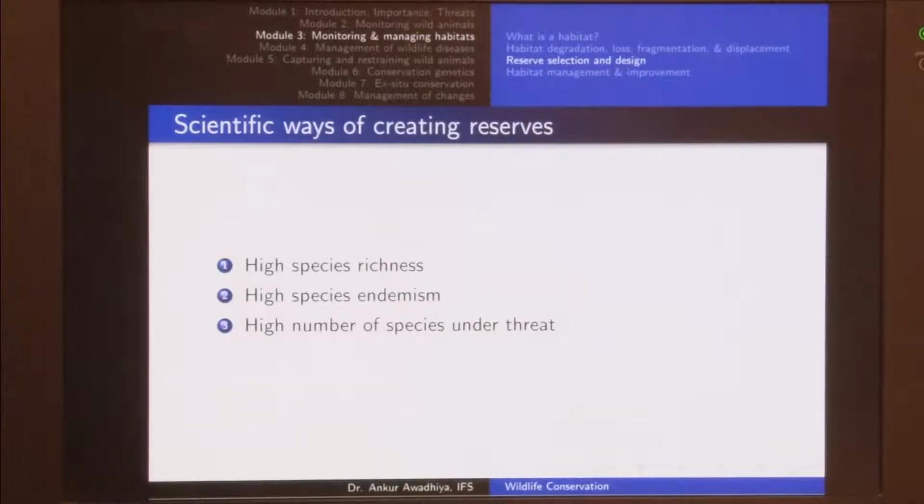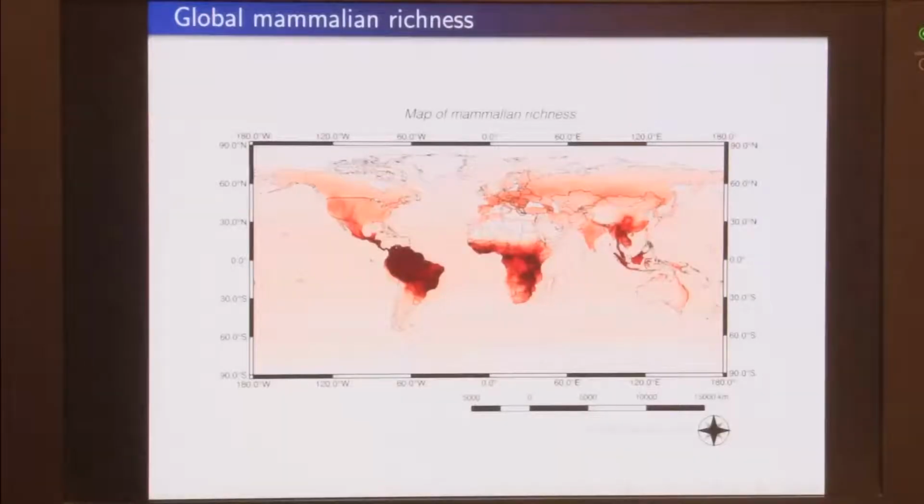But when we talk about species richness and species endemism, is there any way in which we could categorically say that these are the areas where we have a high species richness and a high species endemism? To answer that question, we have created some maps. This is a map of mammalian richness. Richness, as we remember, is the number of species per unit area.